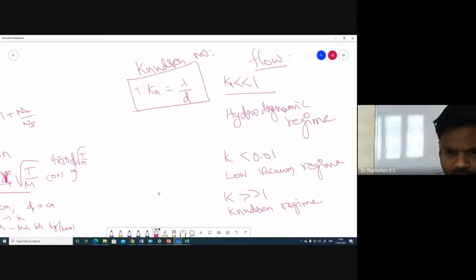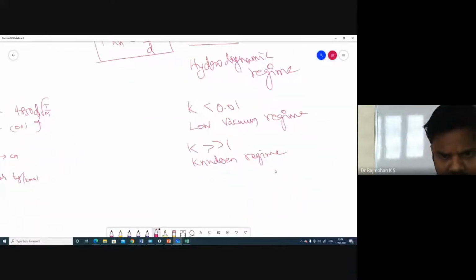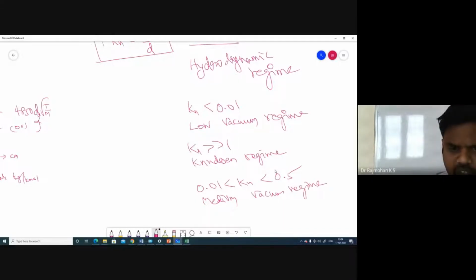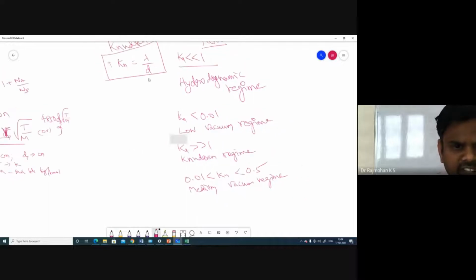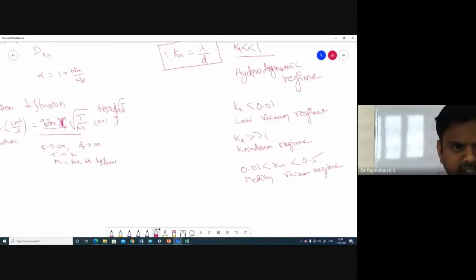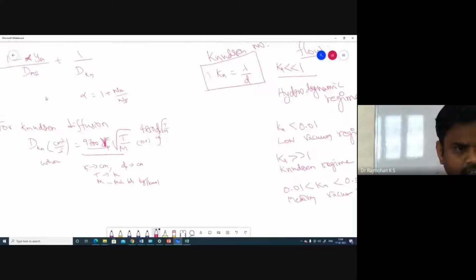And we call it the medium vacuum region when it is in the range of 0.01 to 0.5. These are all theory part only. The only thing we should know is what the Knudsen number is, how to determine it, and how to get the effective diffusivity, DAB effective, with that.